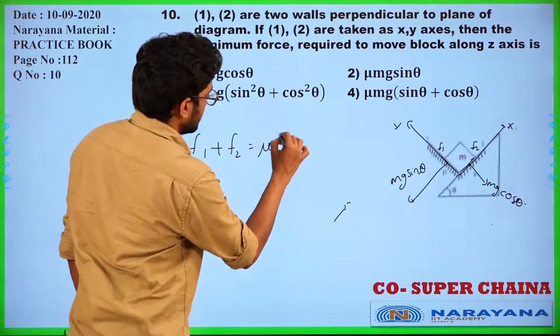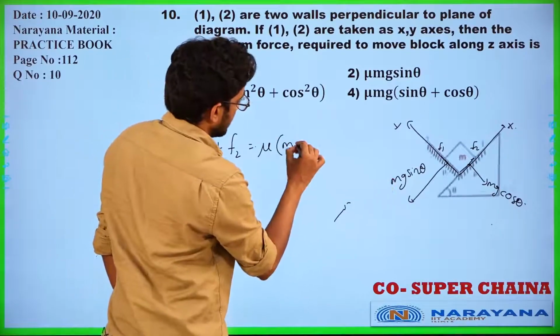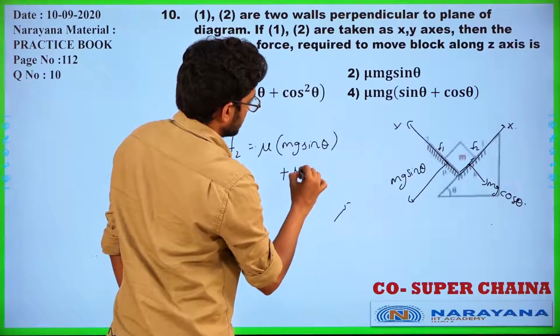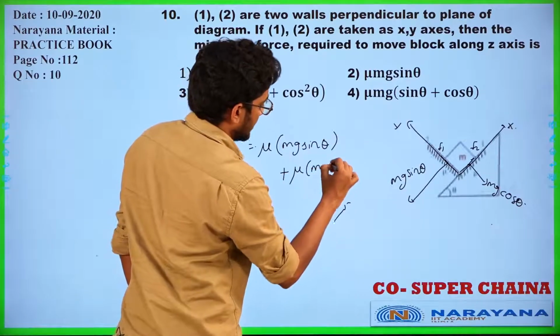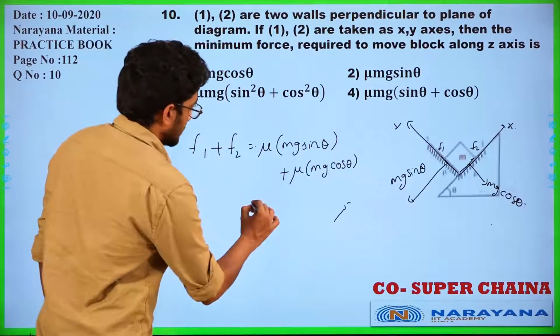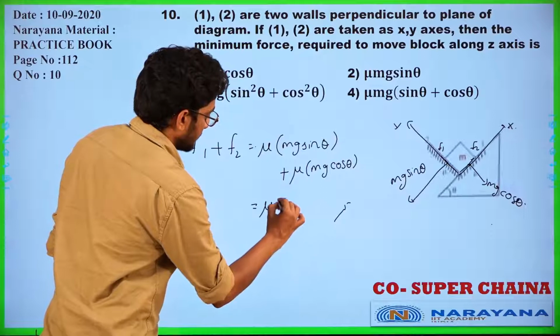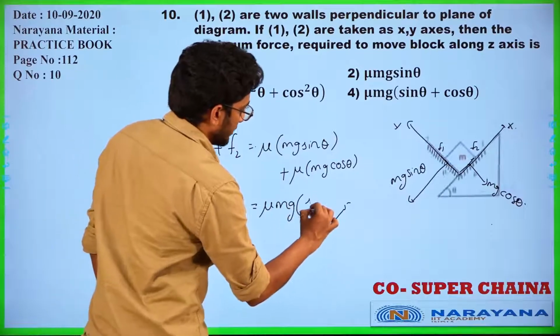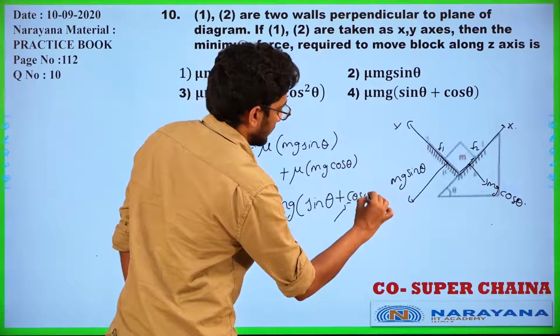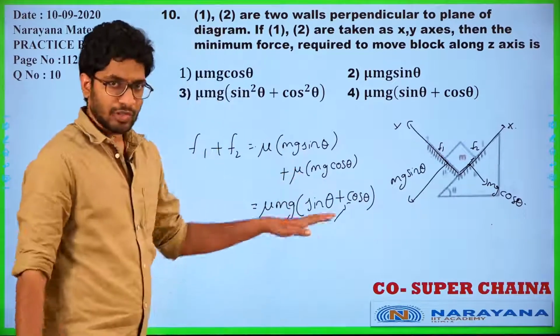So that is mu into the normal at the first surface, mg sin theta. Normal at the second surface is mg cos theta. So now I can say the total force acting is mu mg into (sin theta plus cos theta). This is the total friction acting.